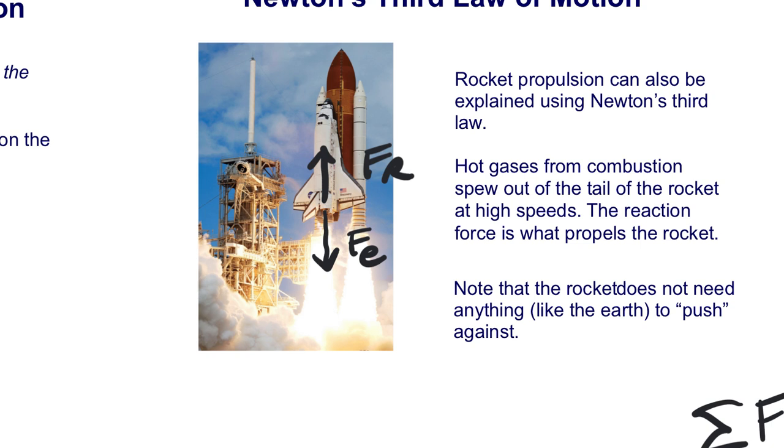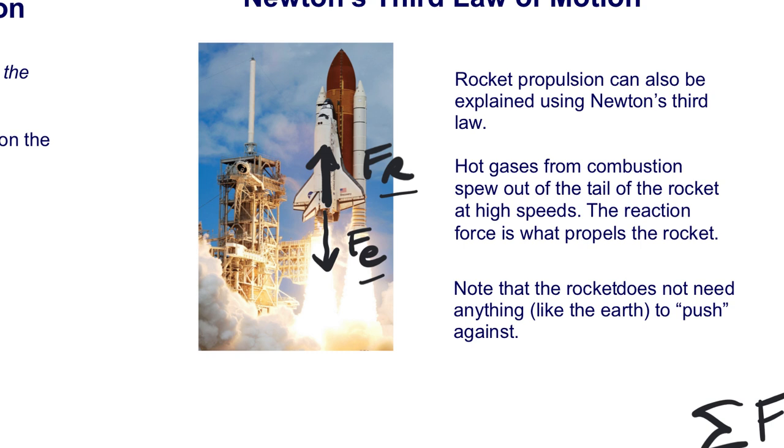So you can't say Fr equals Fe, and then the rocket's not going to go anywhere. Only the force of the gas particles pushing against the rocket is acting on the rocket. So that's why it can accelerate.